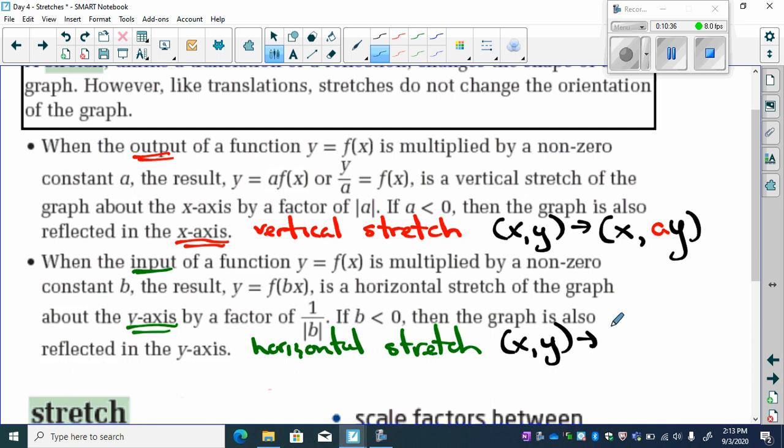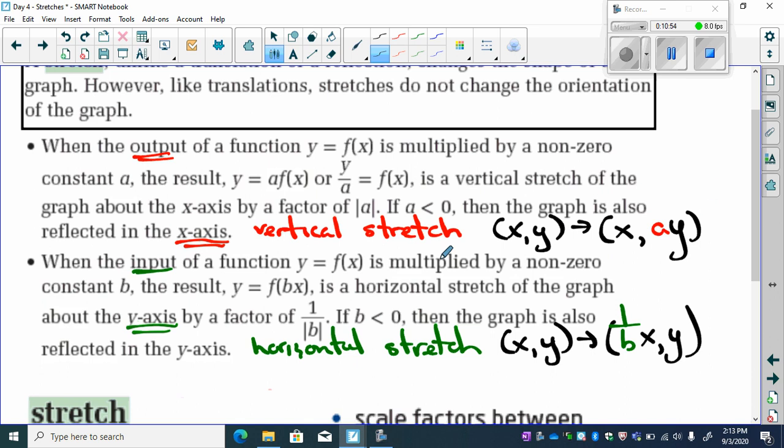And remember the parameter we used yesterday was b. And actually with this one you have to use the reciprocal, so it's 1 over b times x comma y. So there's a little catch with this one.